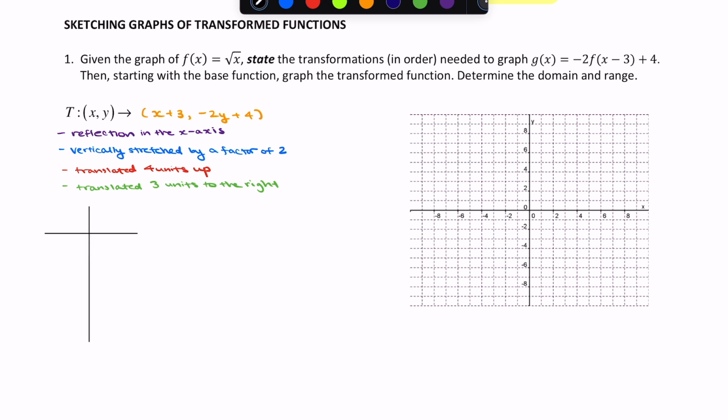Here we'll plot our x and y values for our original function, f of x equals square root x. We have x values 0, 1, 4, and 9, and the corresponding y values are 0, 1, 2, and 3.